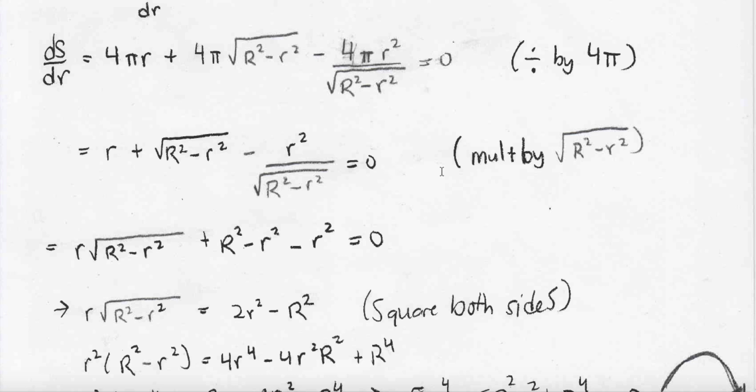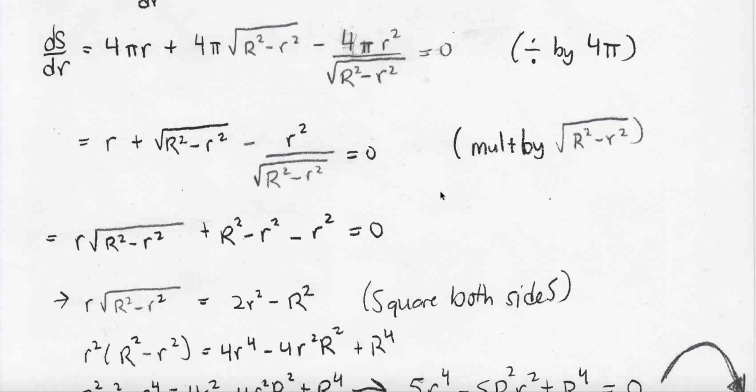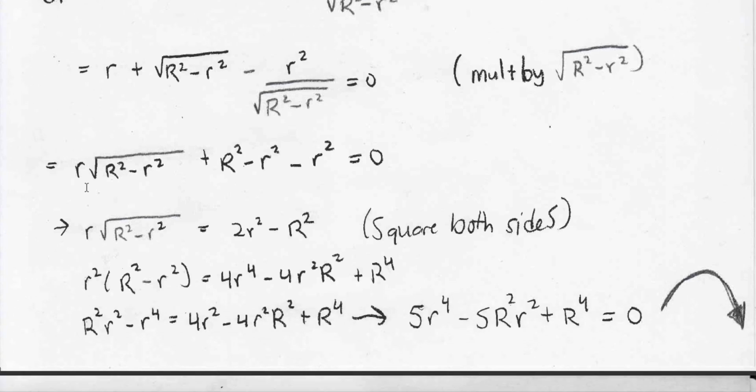Now to solve this, I'm going to multiply both sides of the equation by the square root of cap R squared minus little r squared. And that gives me r times the square root of cap R squared minus little r squared plus cap R squared minus little r squared equals 0.